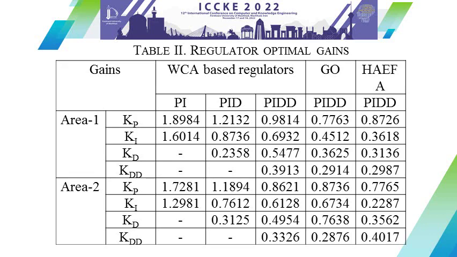These are the gains of PI, PID and PIDD from WCA, gains of PIDD from GWO, and this is of HAEFA, gray wolf optimization and the hybrid artificial electric field algorithm. These are the optimal gains that have been found using the different optimization algorithms used for the system dynamic behavior.